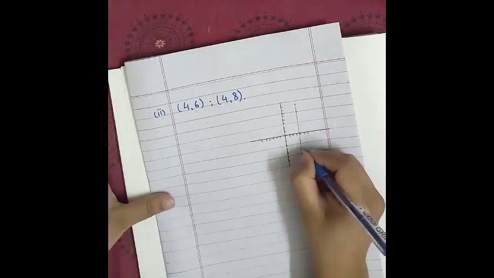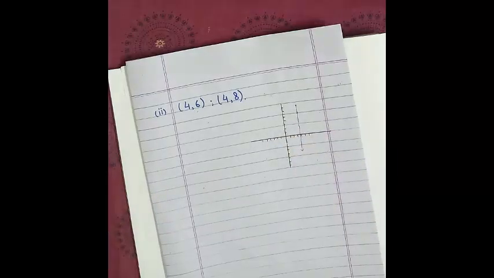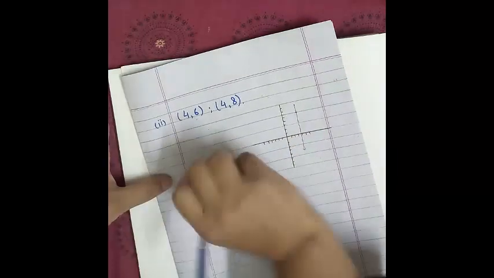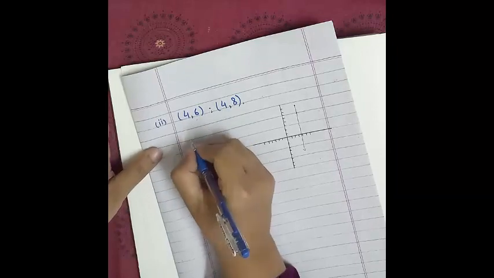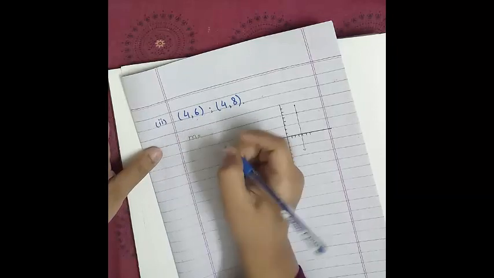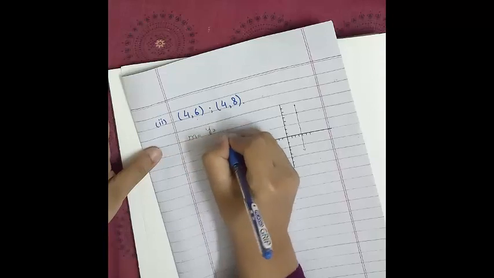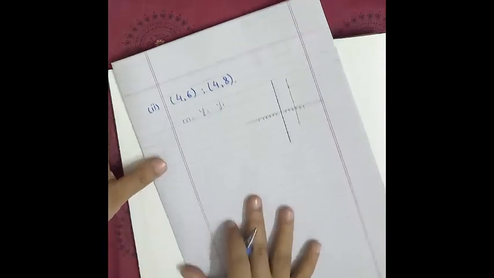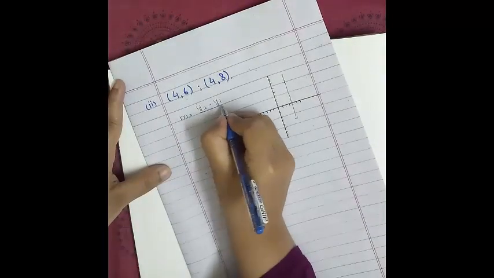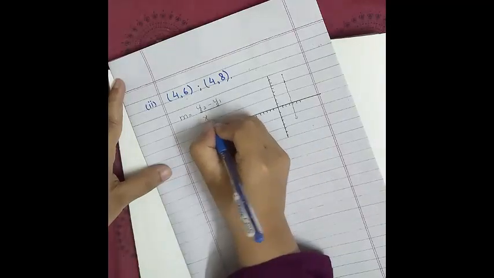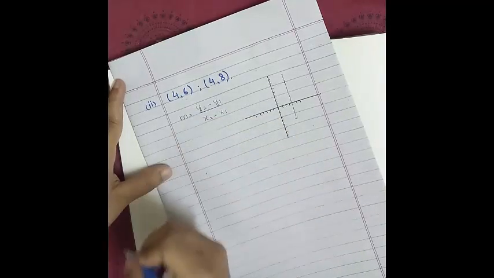Sorry, this is not a straight line, but we just have to catch the idea. Now to find the value of slope, m is equal to y2 minus y1 divided by x2 minus x1.